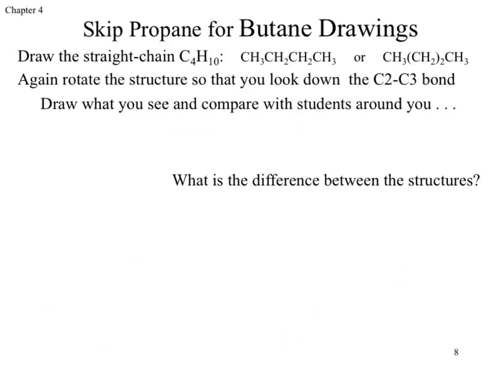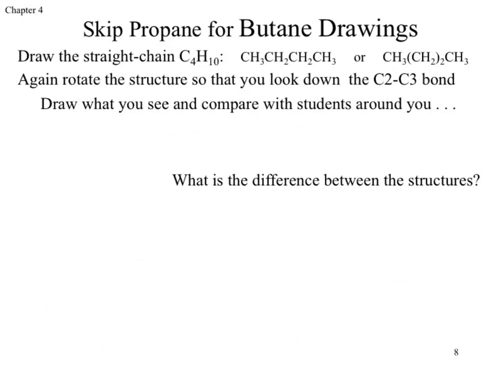So if we take this model and now turn it, you're now looking down the carbon 2, 3 bond. And what I'm asking you to do is to draw what you see, and you should do it with the Newman method. One caveat, where is our Newman projection?